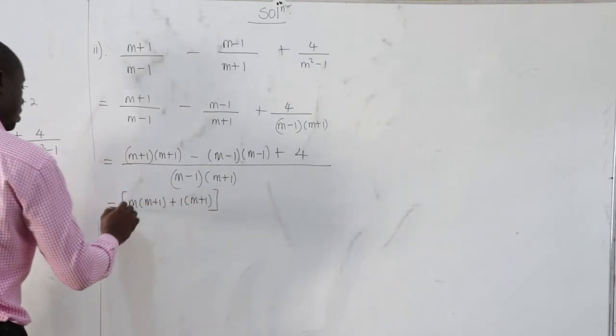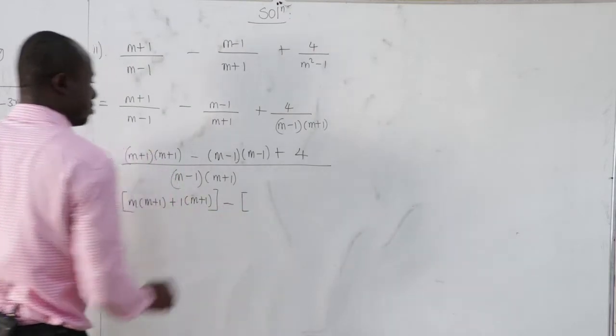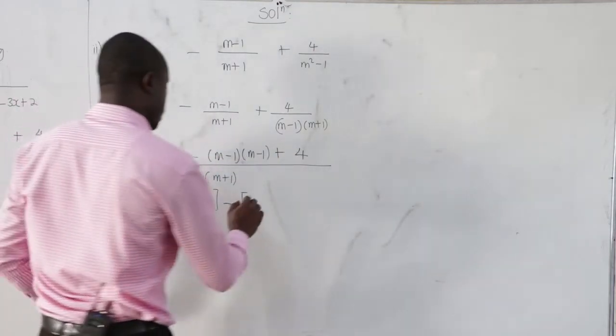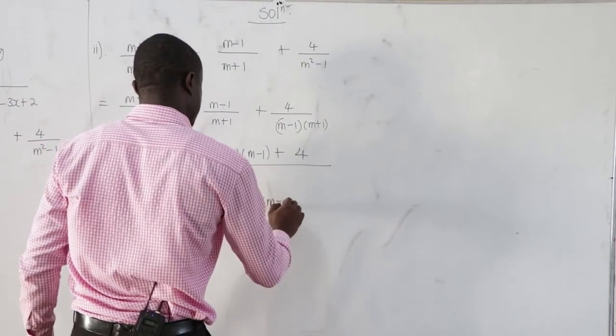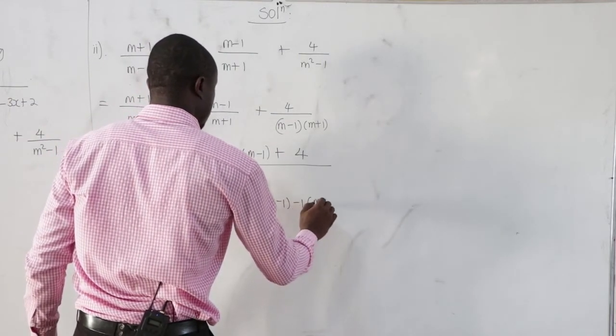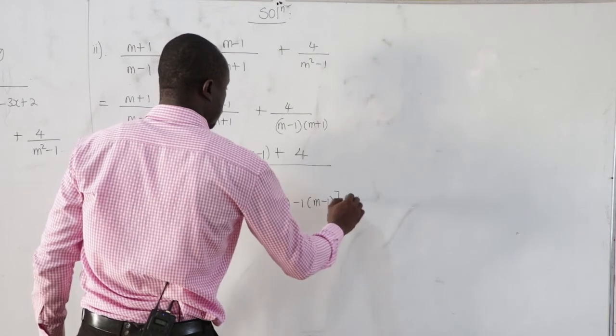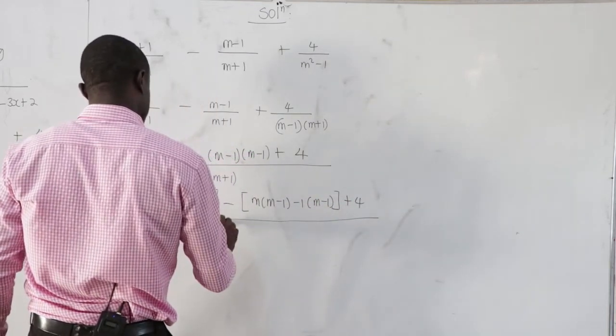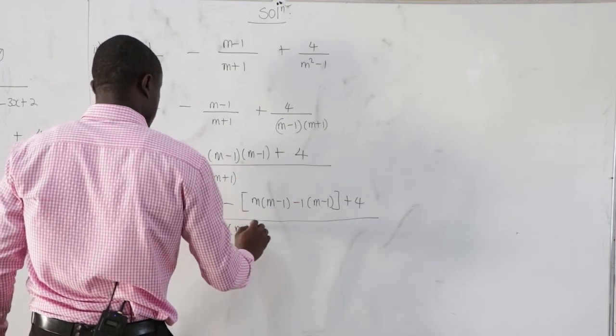So this is the first one, minus. Now the negative is affecting everything here, so we have to be very careful. Expanding, we have m minus 1 times m minus 1, plus 4, all over m minus 1, m plus 1.